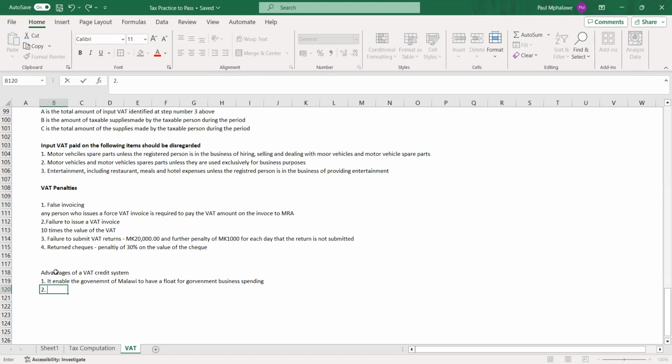Number two is that the VAT invoice or import bill of entry evidence required for deductible input VAT tax creates an audit trail within the system where it is self-policing. The system is self-policing, where you check whether you are doing things right or you are doing things wrong. Okay, number three, fraction payment is less erroneous or less burdensome.